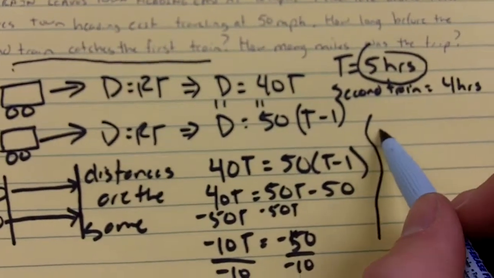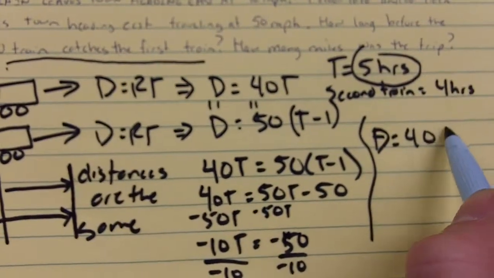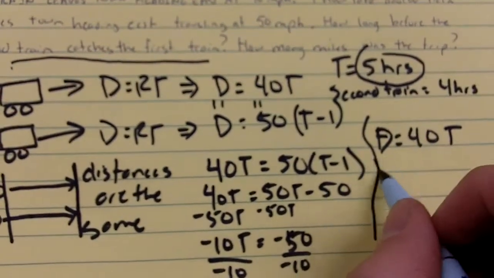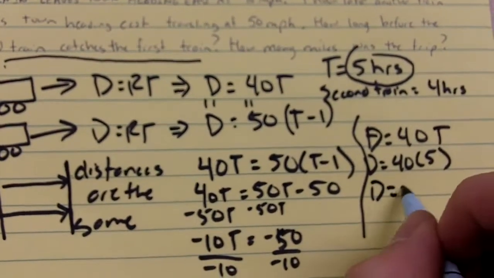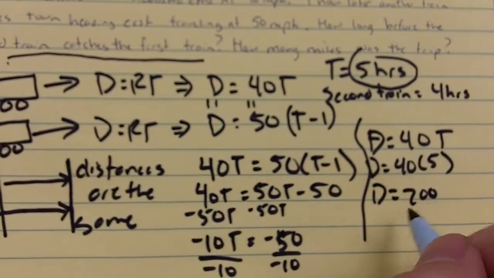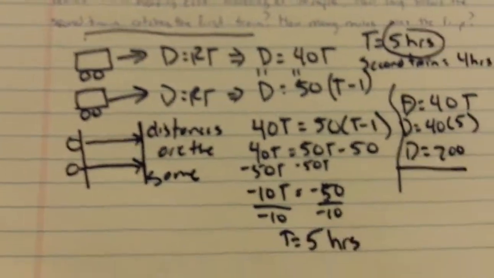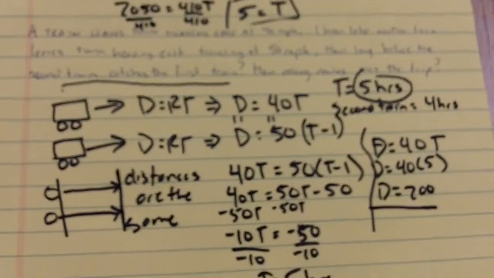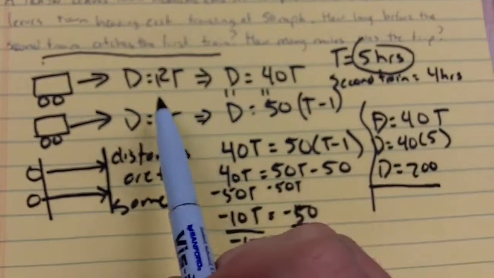So to answer the second part of the question, distance equals 40t. T we just said was 5, so d equals 40 times 5. D equals 200. And we're done.